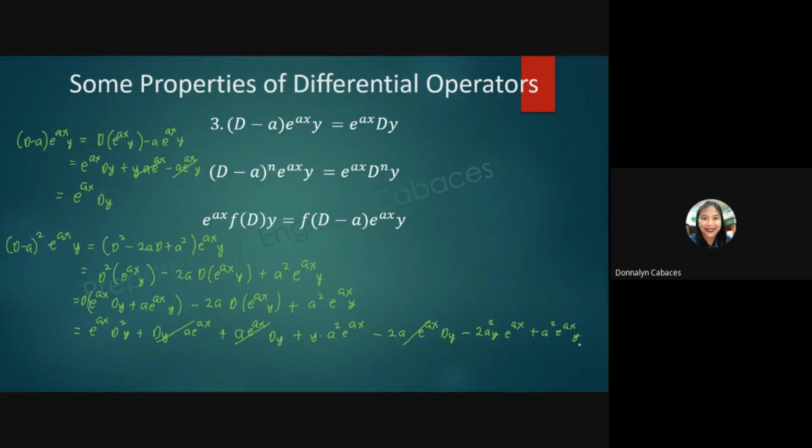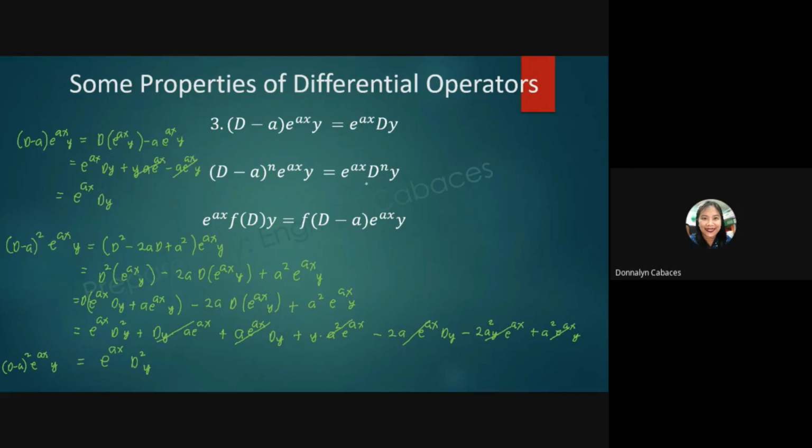Then you have y a squared e to the ax, y a squared e to the ax, and negative 2 y a squared e to the ax. So these are also 0. And therefore, you now have e to the ax D squared y. That is your (D minus a) squared e to the ax y, which is actually this.